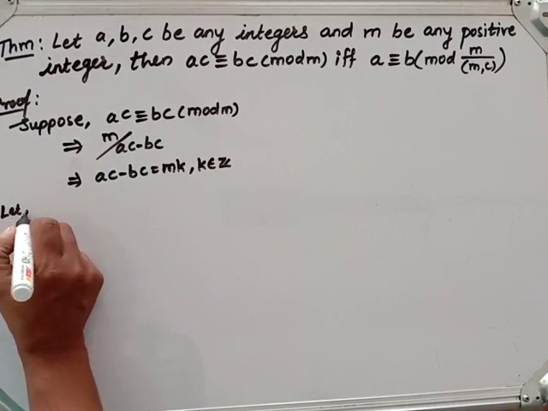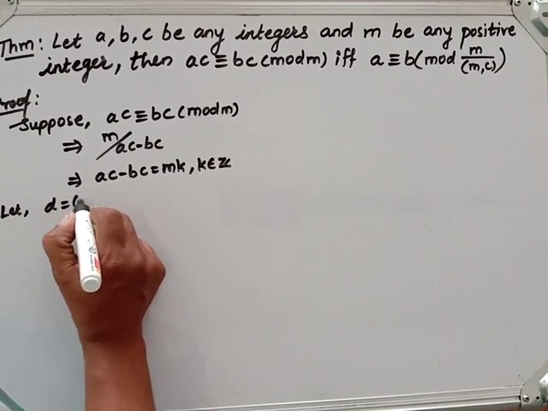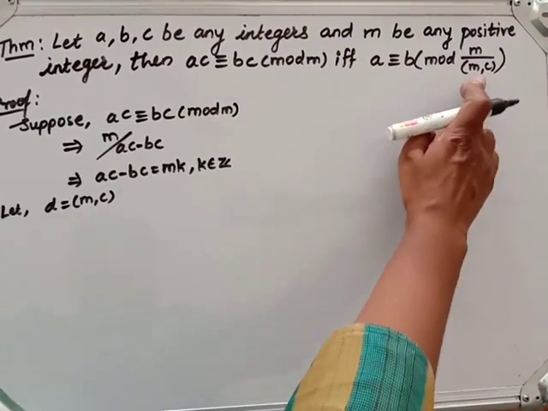Now let d be the GCD of m and c. Here we have to assume this.